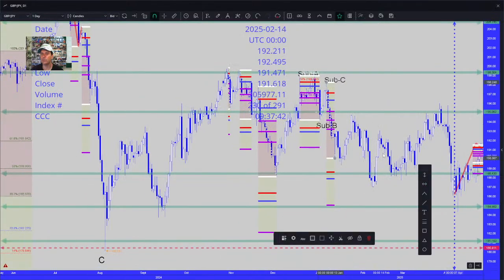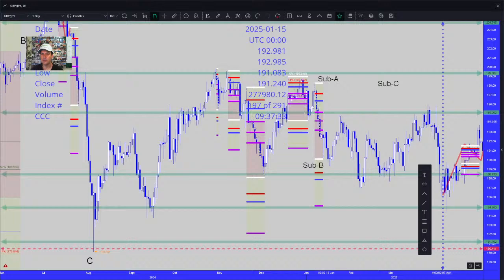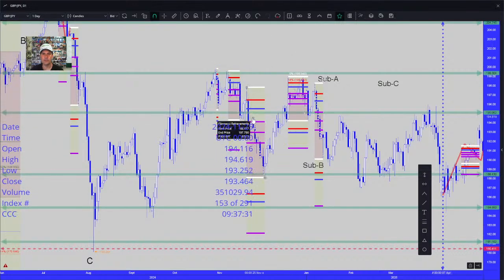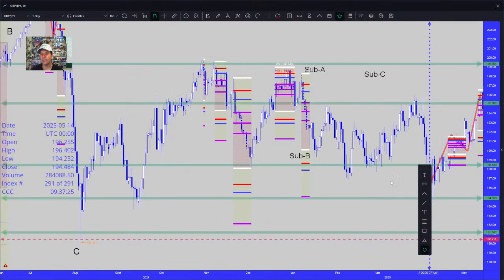So the third one, right? Sub A, sub B. Everybody, give me a second. Before we finish for today, which one is the sub C? Is the first circle the sub C? Is the second circle the sub C?